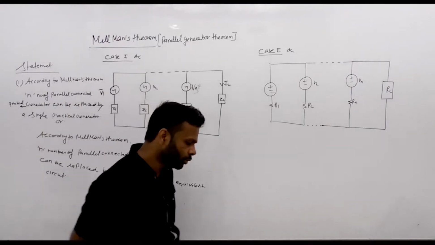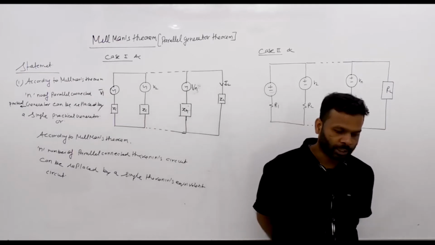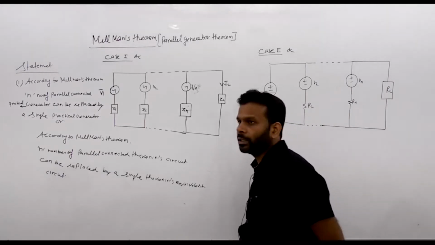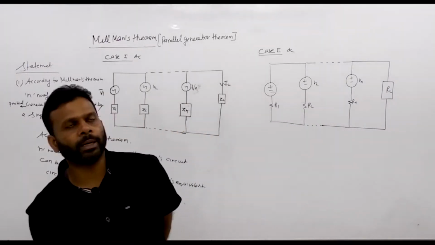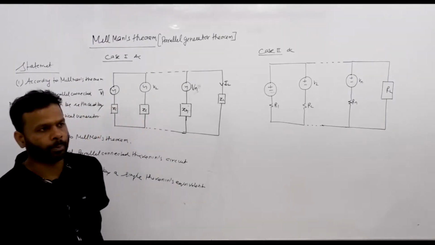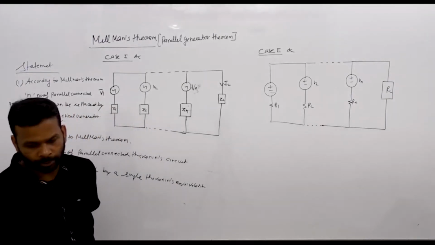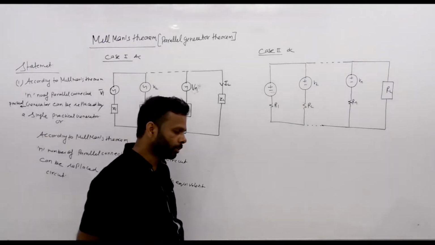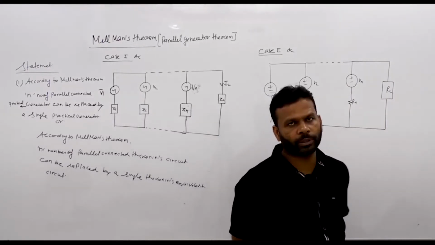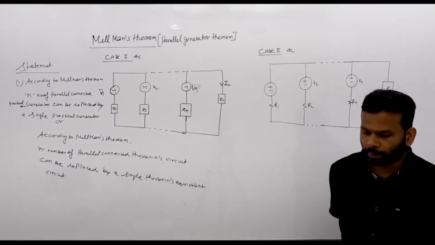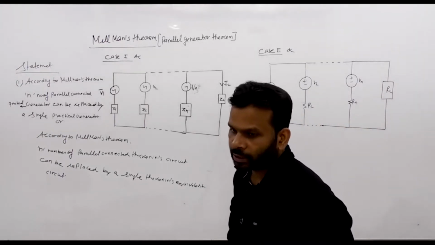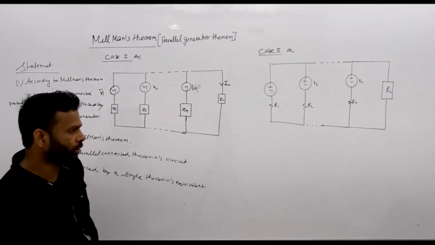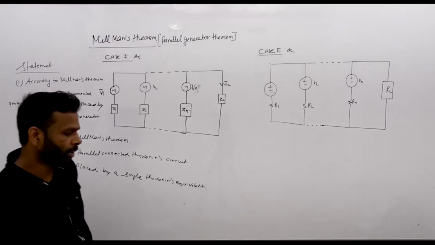So meaning क्या है, ये जो थ्योरम है मेनली बहुत सारे जो प्रैक्टिकल जनरेटर पैरेलल में कनेक्ट है उनको सिंगल सोर्स में कन्वर्ट कर देता है। अब ऐसा होता कहाँ है, इलेक्ट्रिकल में बहुत सारे जनरेटर पैरेलल में ऑपरेट होते हैं और ये होते हैं पावर प्लांट में, और ये सारे जनरेटर इनफाइनाइट बस बार से लगे होते हैं। सो इस थ्योरम का जो मेनली एप्लीकेशन है वो है पावर प्लांट। सो इन पावर प्लांट we have number of generators connected in parallel and that can be replaced into a single practical generator, either it is AC or DC. So this is the statement about the Millman's theorem.